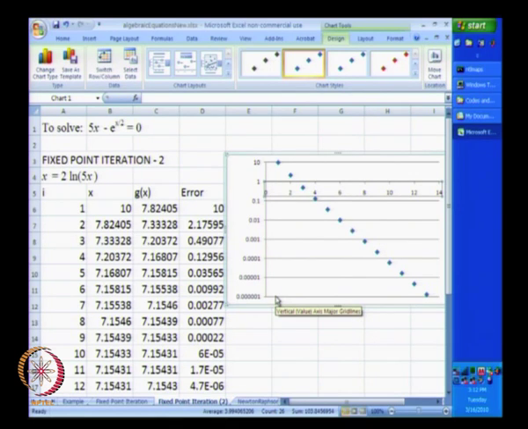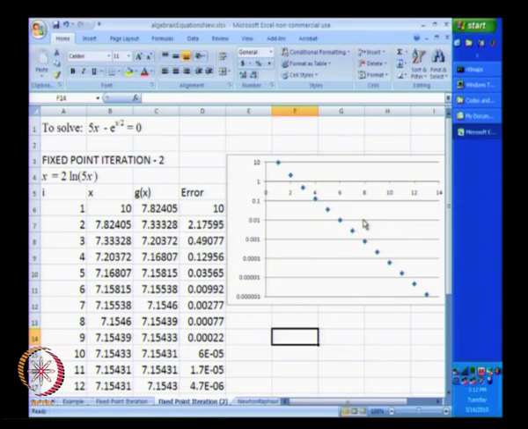So ei plus 1 is going to be equal to some constant multiplied by ei to the power 1, and then when we take a logarithmic plot of that, we are essentially going to get an approximately a straight line in this particular case, an approximate straight line with a slope of -1. Okay. So that is about the fixed point iteration. Similarly, if we look at the bisection method, we will also get a similar logarithmic plot for how the error changes with respect to the number of iterations. Okay.